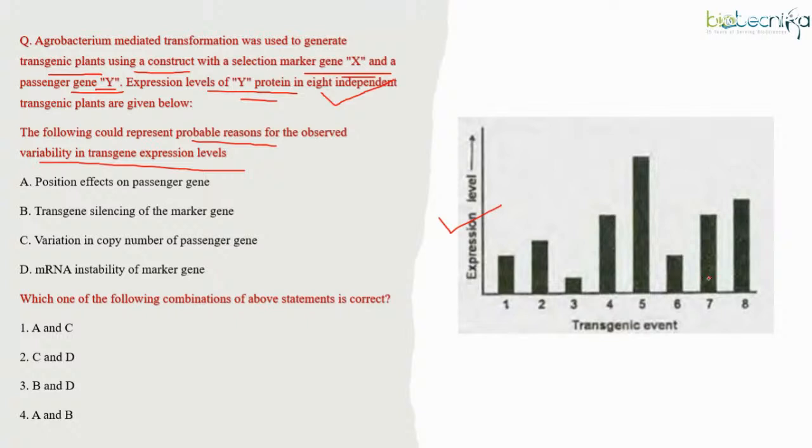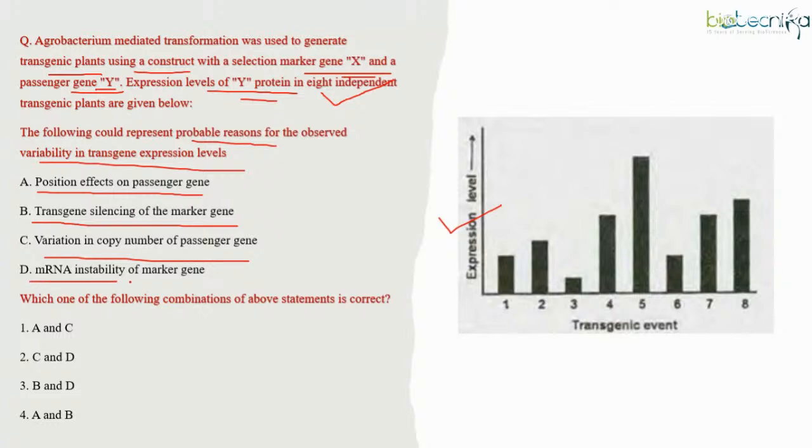So, they are asking you to identify the reason why there is a change in the gene expression in each of these plants. Is it because of the position effect on passenger gene? Is it because of the transgene silencing of marker gene? Variation in the copy number of passenger gene?